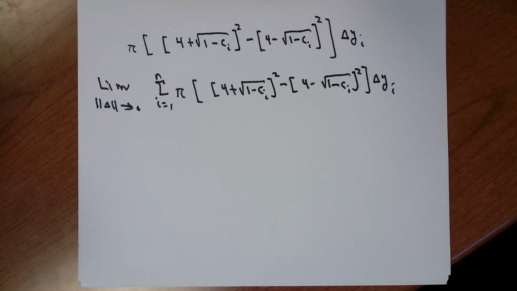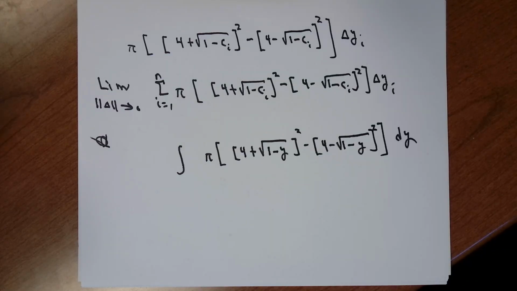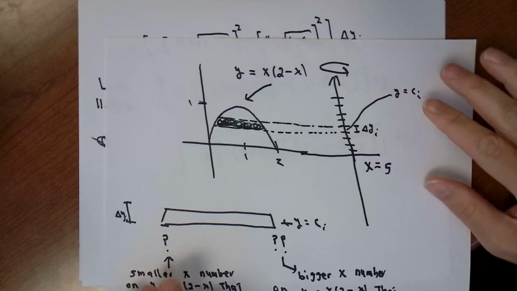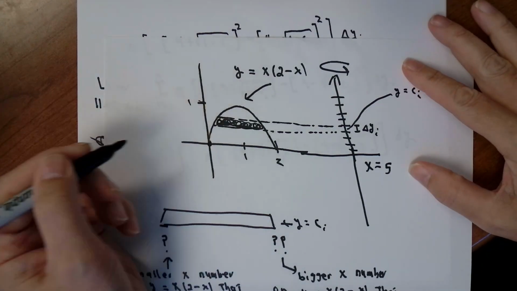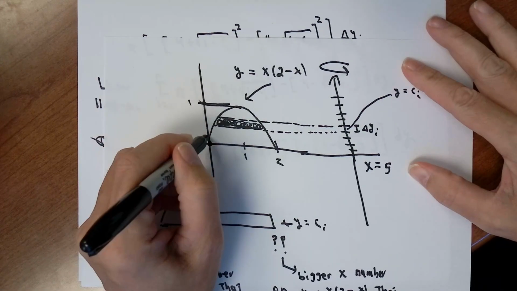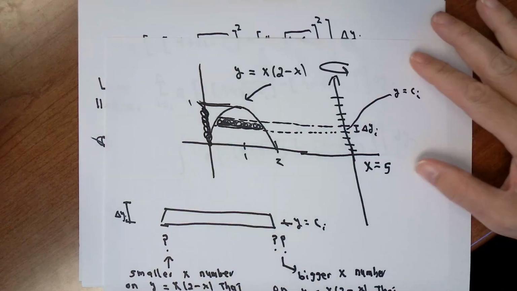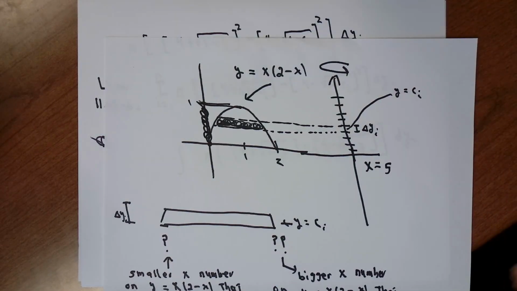Not to belabor the point, but c number i is a y number, not an x number. And consulting the picture that we drew at the beginning, the y numbers can be as small as 0 or as big as 1.